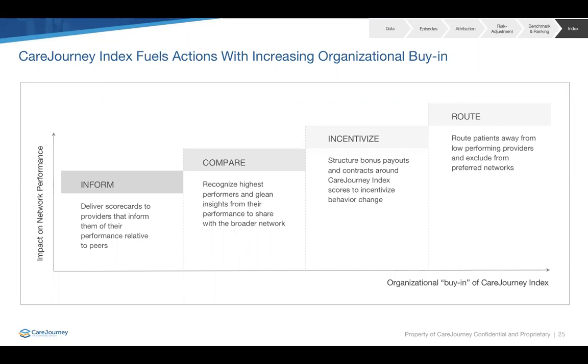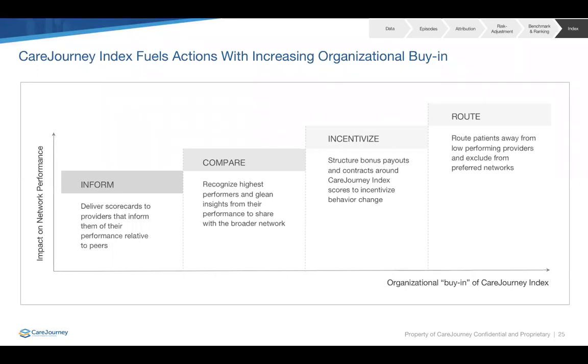That then, we believe, will migrate towards organizations that are willing to start benchmarking or comparing their highest performers and to begin to either disseminate directly or indirectly through training programs the sort of variation that we're seeing that might be candidates for a dedicated initiative.